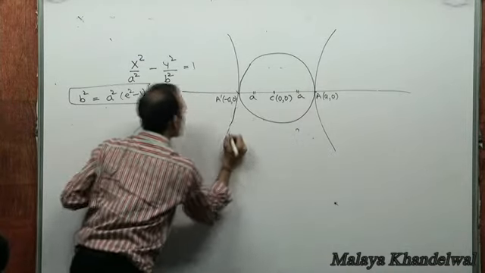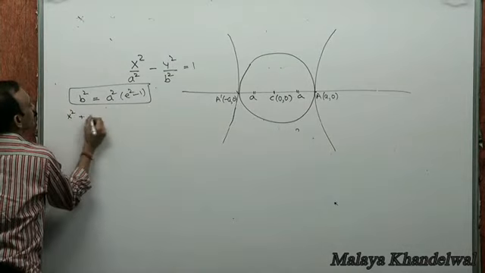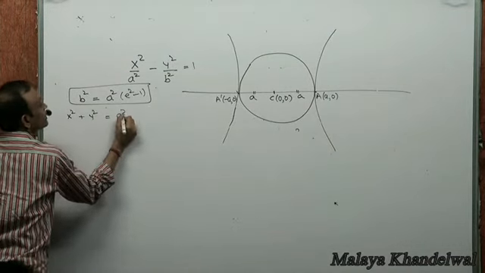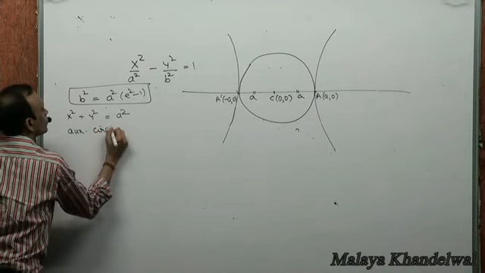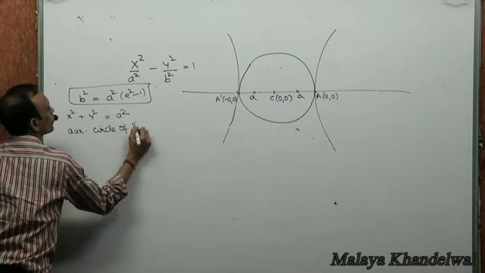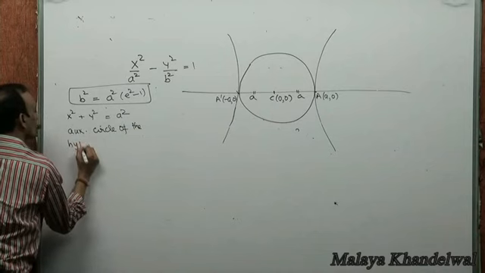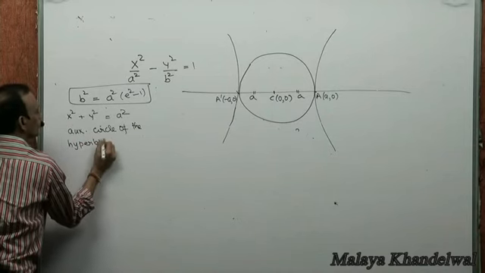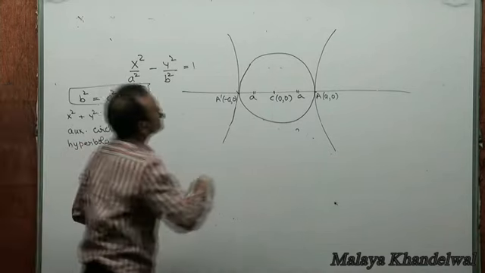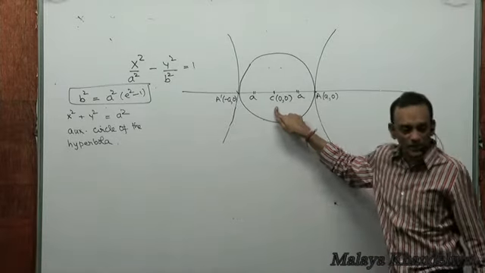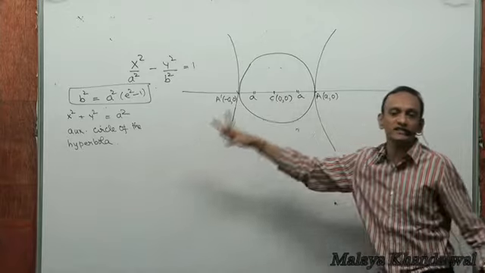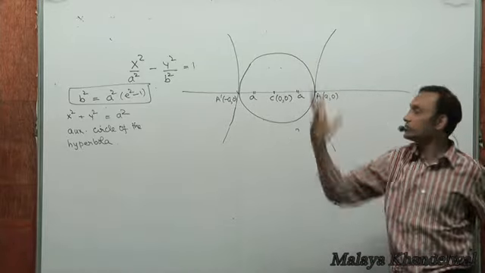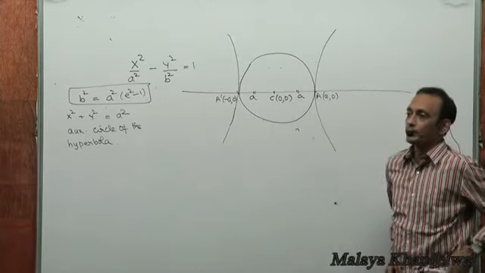This circle x squared plus y squared is a square is called the auxiliary circle of the hyperbola. It shares a common center with the hyperbola, and its radius is the semi-transverse axis A. Yes or no?